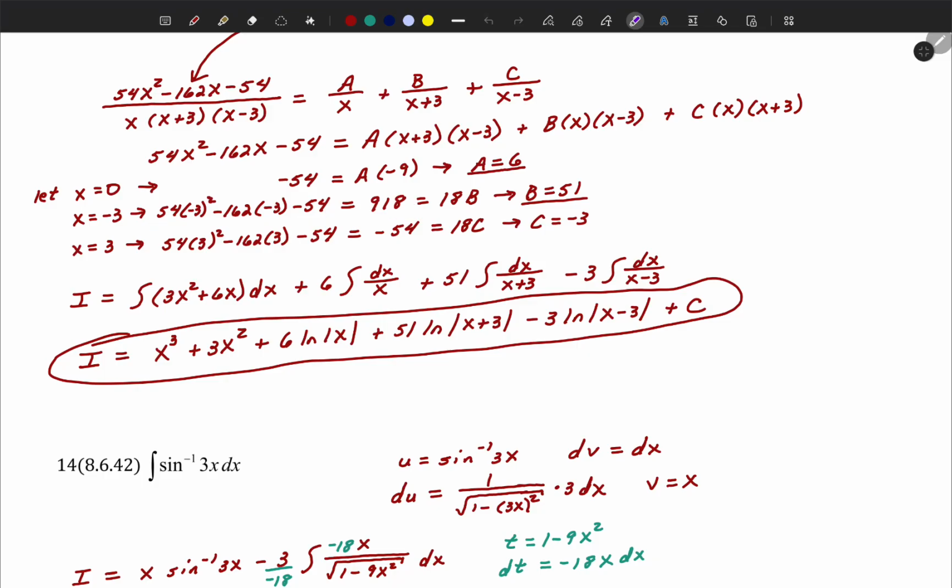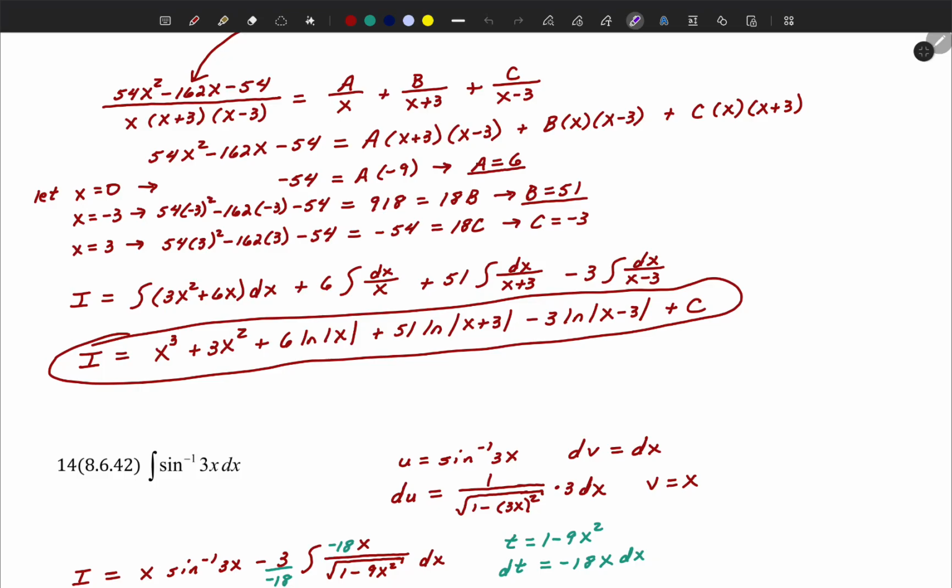Surprised me it was such a large number. On the right-hand side, I would have B times negative 3 times negative 6. Well, negative 3 times negative 6 is a positive 18B. I get positive 18B is equal to 918. B is going to equal 51.